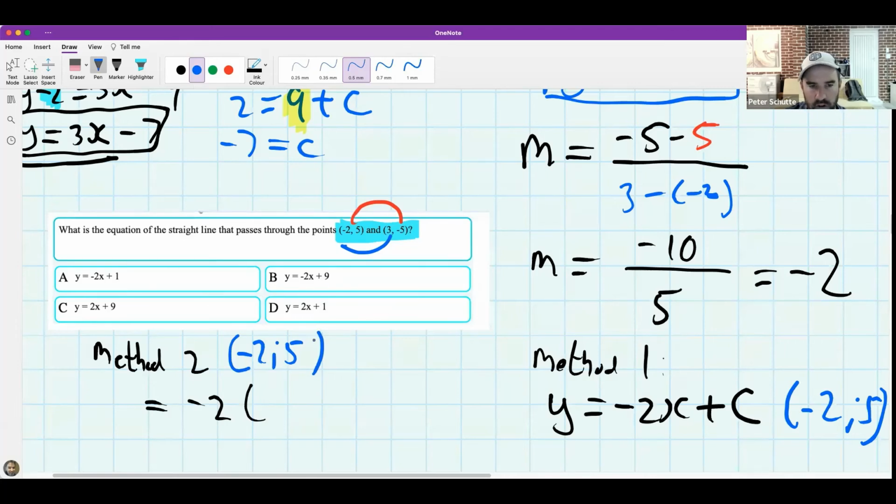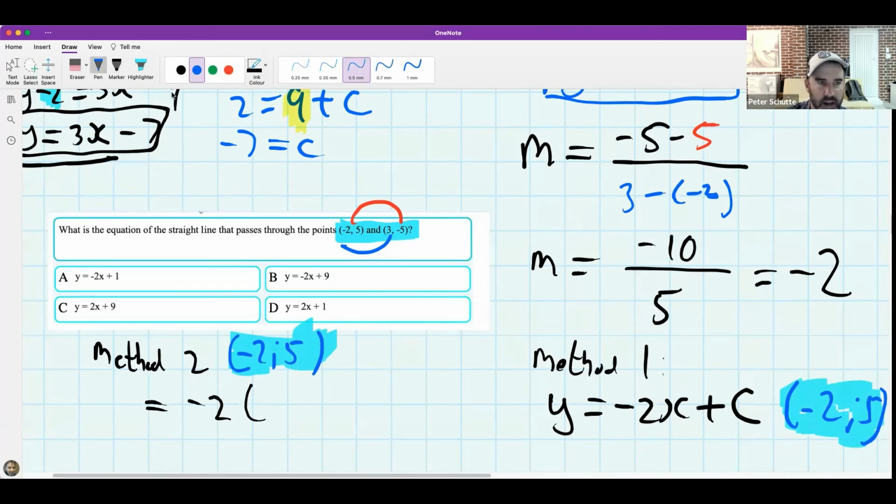So what you'll notice is I'm writing down a point that I'm going to use. I didn't have to choose -2, 5, but to me, the -2, 5 looked like the simpler of the two. But would it have worked if I'd chosen another point, or if I'd chosen 3, -5? Yes, it would have definitely worked.